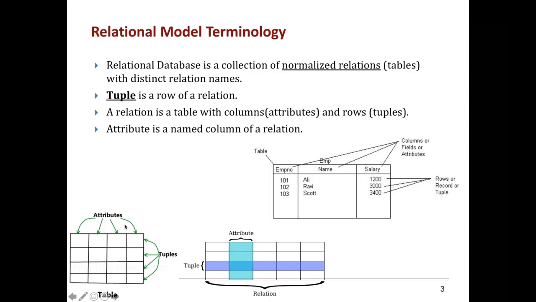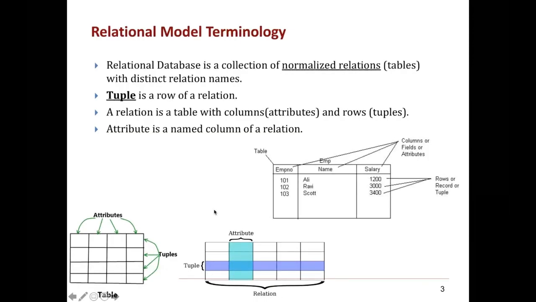If you see here in this diagram, I hope you can see the mouse pointer, the diagram at the bottom left, you have here columns or attributes or fields, and you have here tuples, and in this table you have three tuples, and you have 1, 2, 3, 4, 5 columns or 5 attributes. Together this is called a table. Another name of the table is relation.